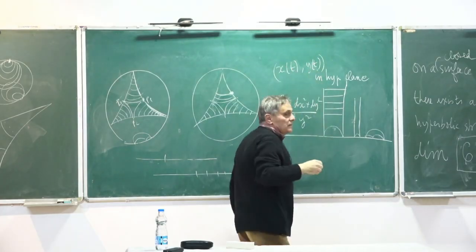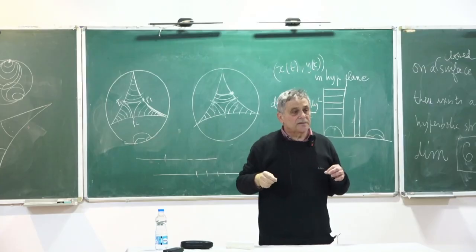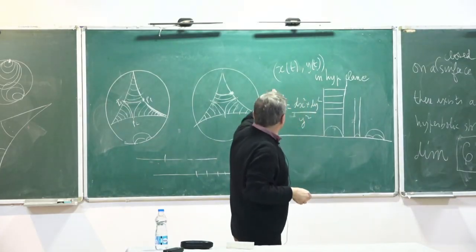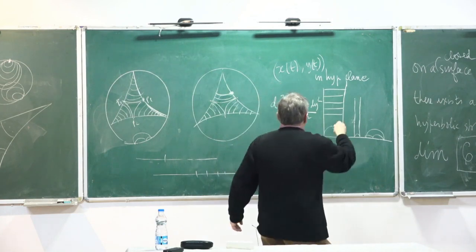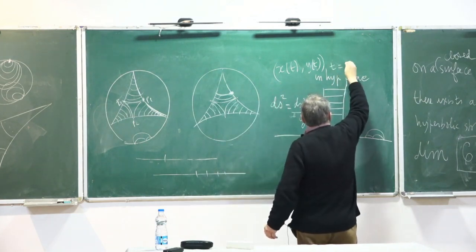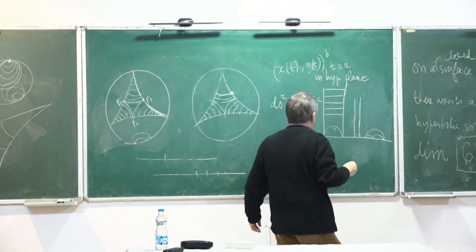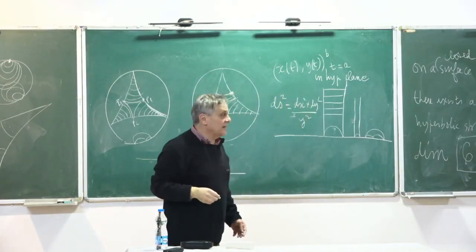you have done parametrized curves, right? A curve in the plane is parameterized by two components, x and y, and depends on t, for t from, let's say, A to B. This is my parameterized curve.